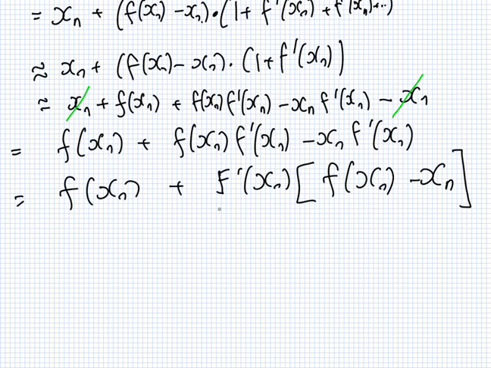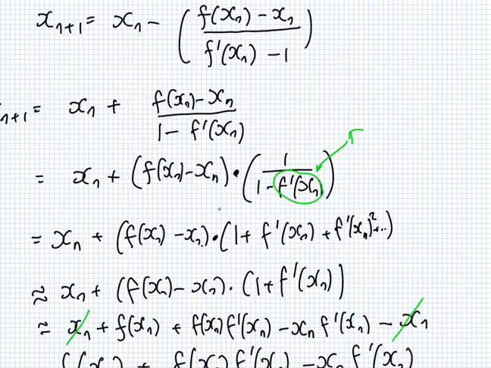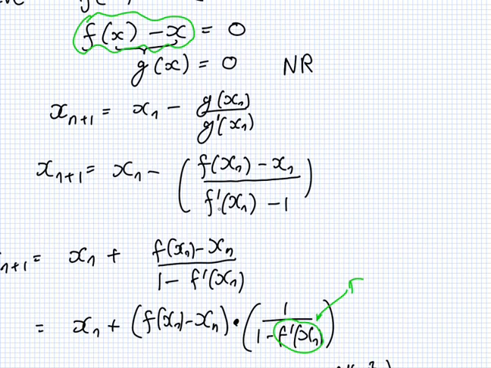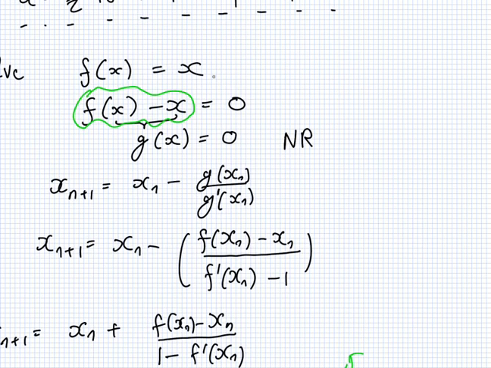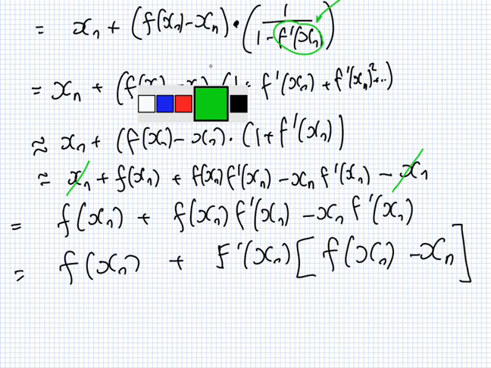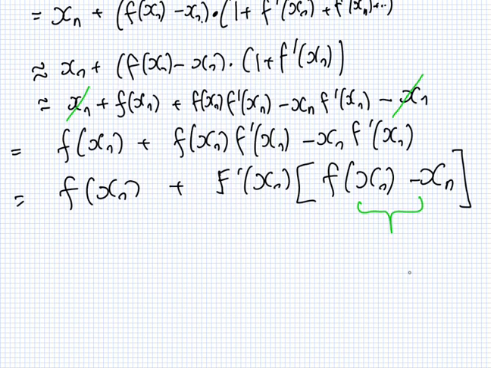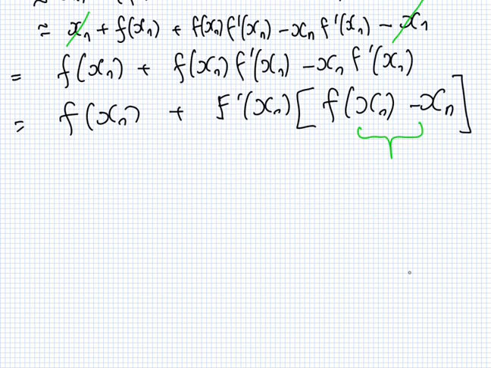Now let's just remind ourselves, what are we trying to find here? We're trying to find when f(x) is equal to x. So what do you think about this number here? Will it be big or small, or what will be its value? It should be 0 or nearly 0.